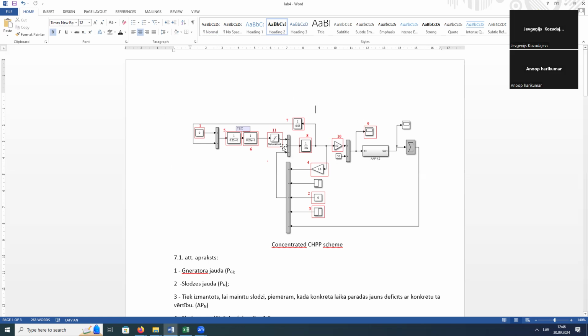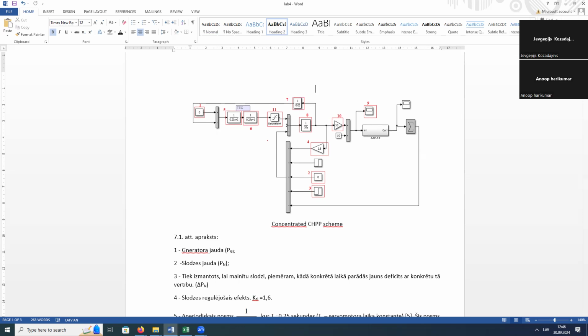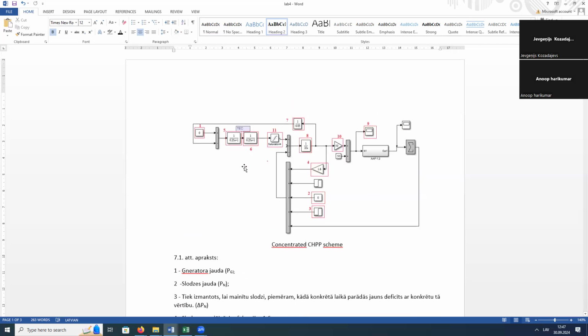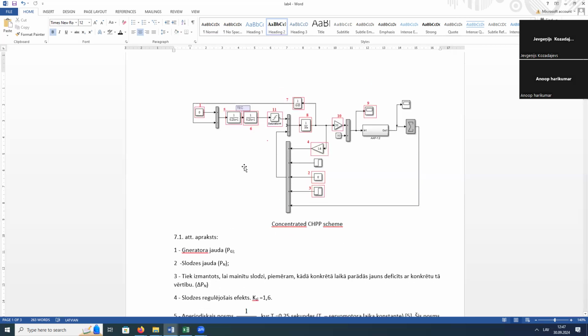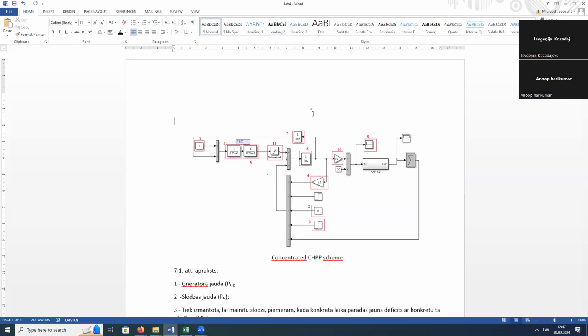Here we could see that transfer functions number 5, 6, and 11 represent the CHPP unit. Okay, this document is for your use, so during this lecture I will fill in some information in English for you to be clear what to do.